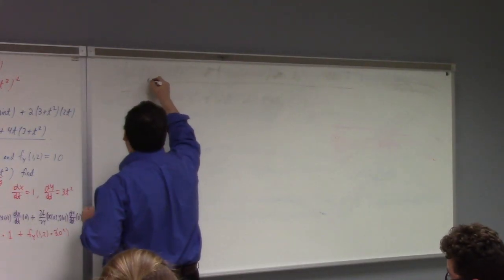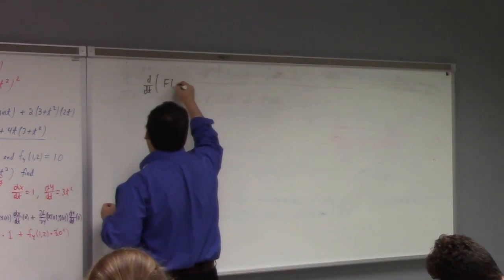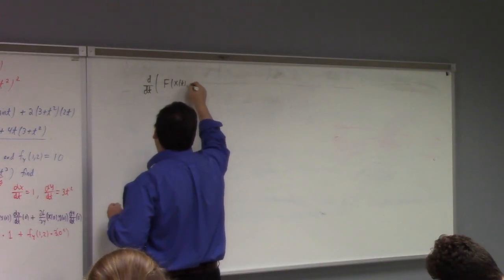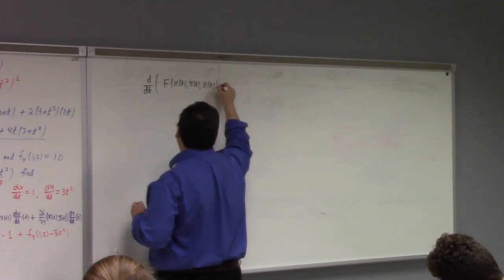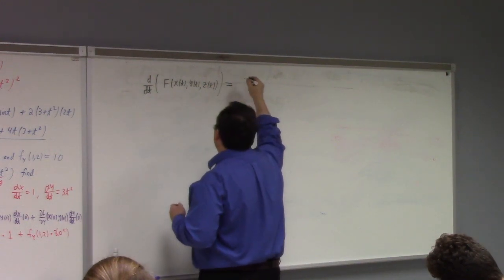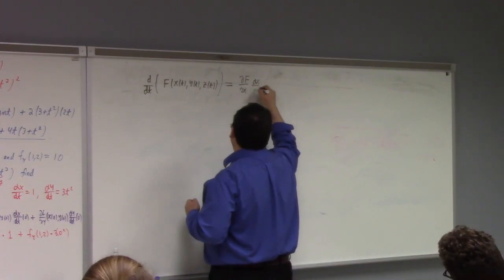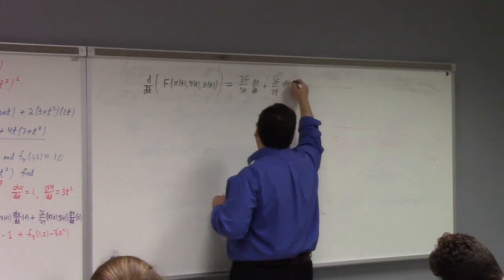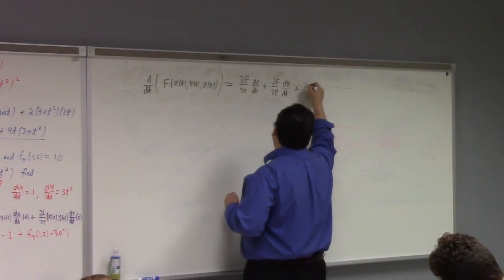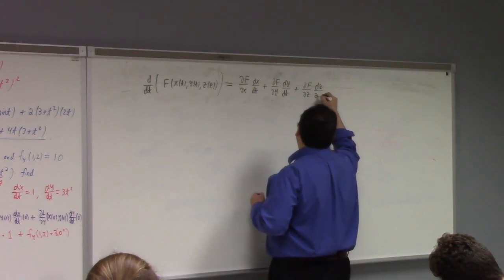So if we're talking about the derivative with respect to time of f of x of t, y of t, z of t, right? Then the way this works is partial f partial x times dx/dt, plus partial f partial y times dy/dt, plus partial f partial z times dz/dt.